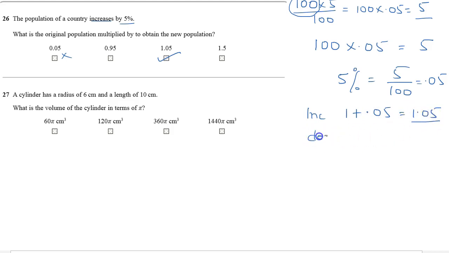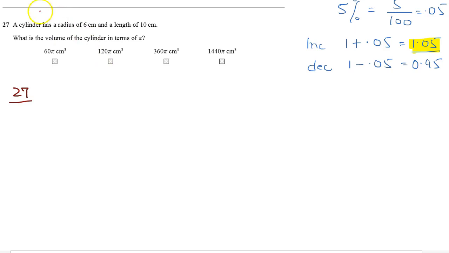If it says it's decreasing, then 1 minus 0.05 is equal to 0.95. For decreasing, this; for increasing, this. So it says population increases, so you have to multiply by 1.05.